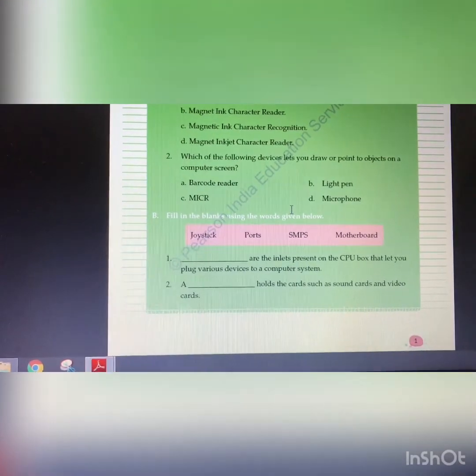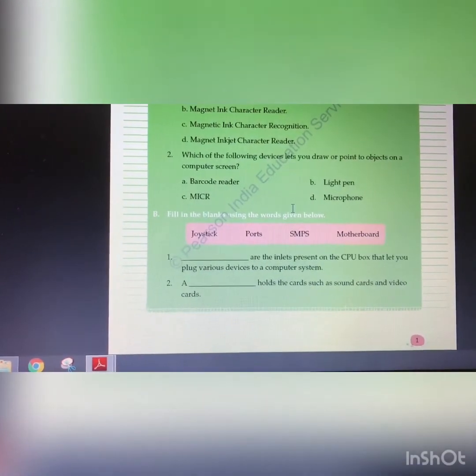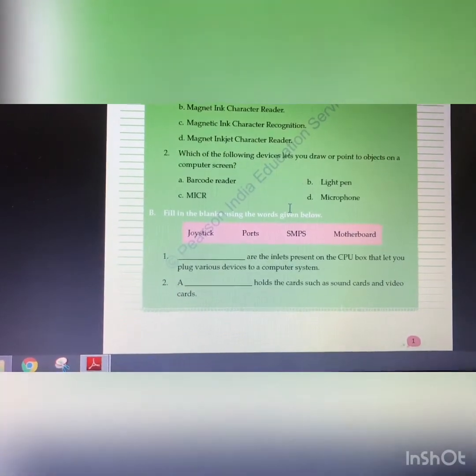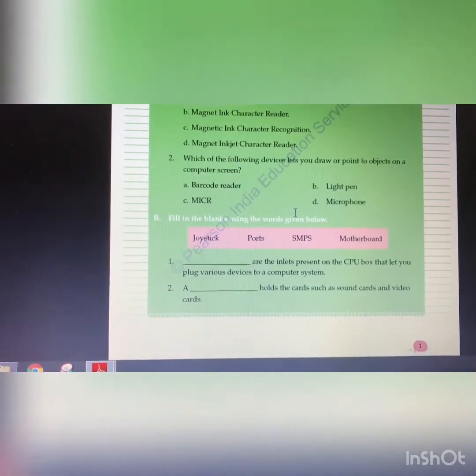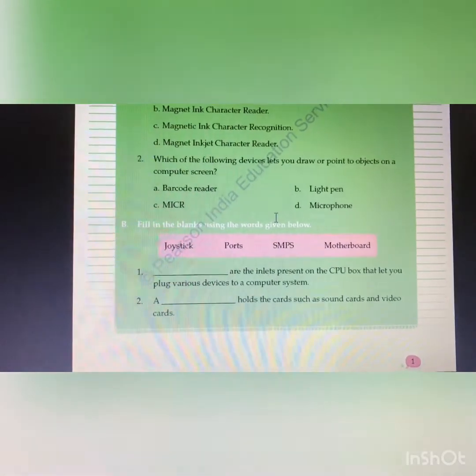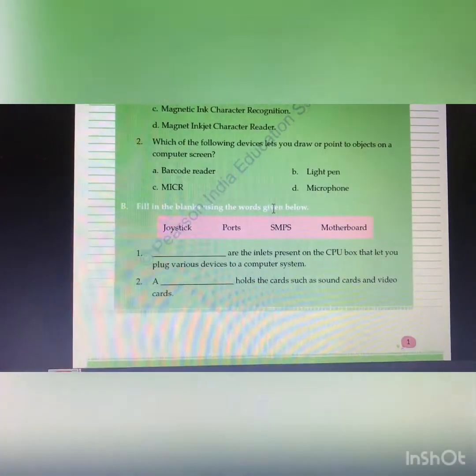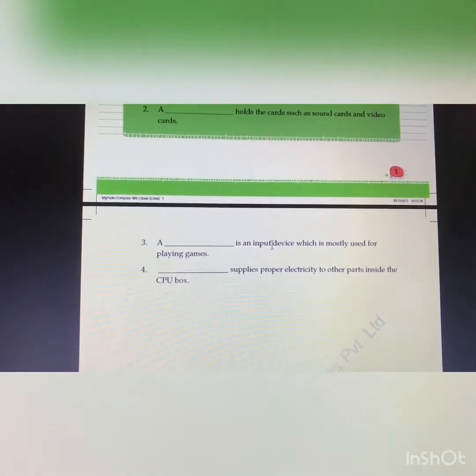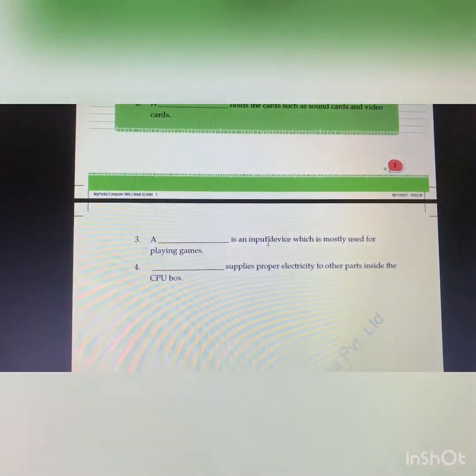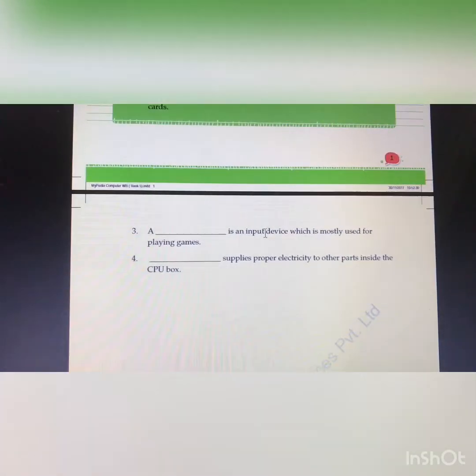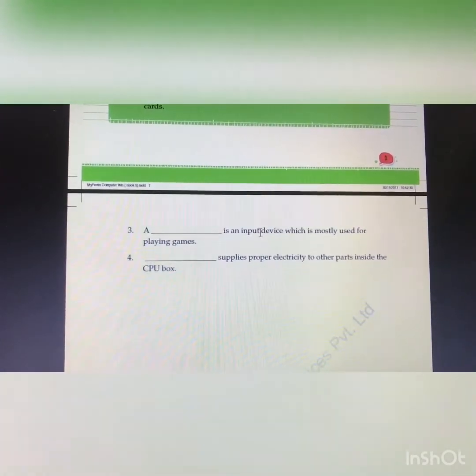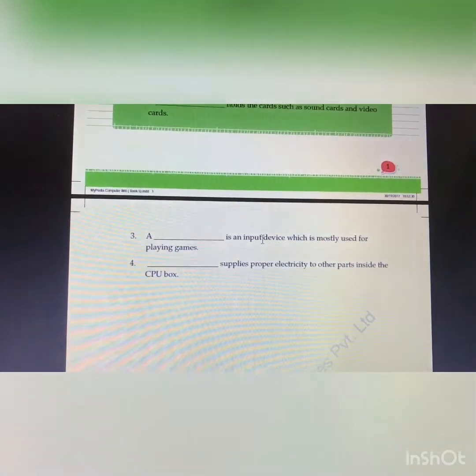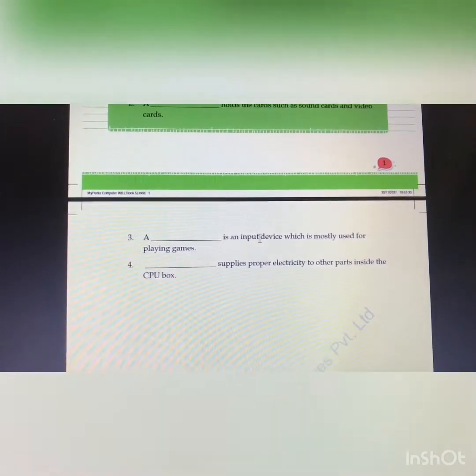First, dash are the inlets present on the CPU box that let you plug various devices to a computer system. A dash holds the cards such as sound card and video cards. Third, a dash is an input device which is mostly used for playing games. Dash supplies power, proper electricity, to other parts inside the CPU box.